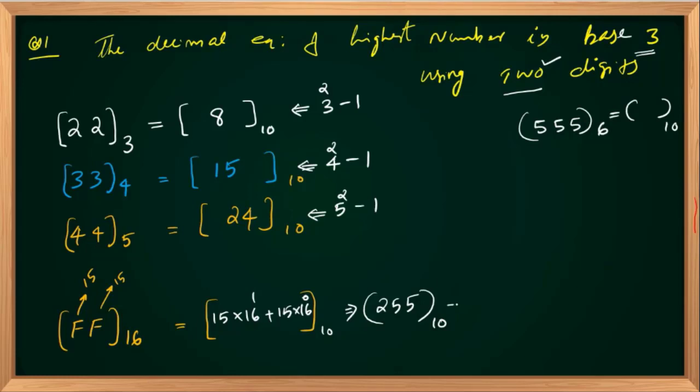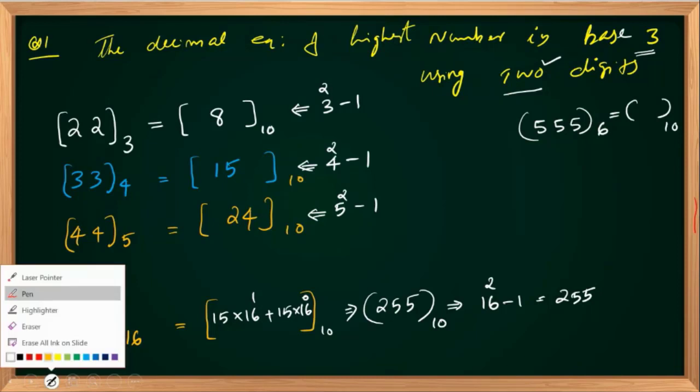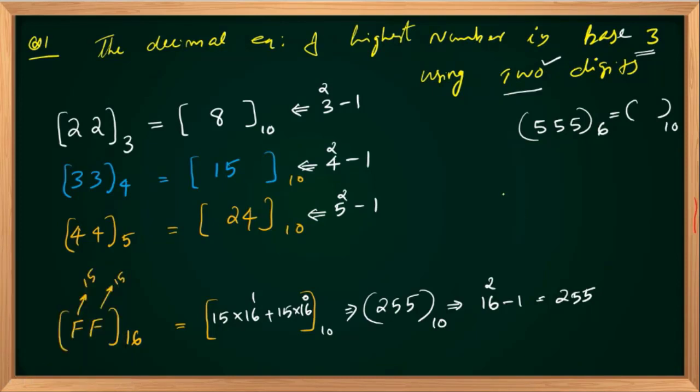Here the base of the system was 16. So 16 square minus 1 is 255. So in general, you can write it as r power n minus 1. Here r is the base and n is the number of digits.